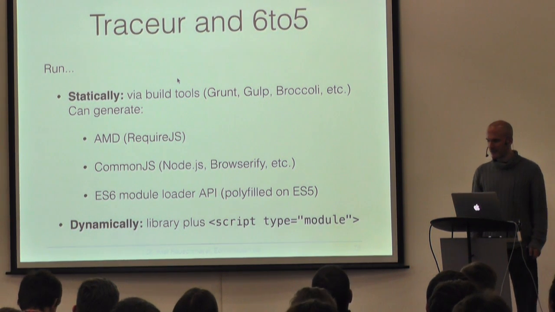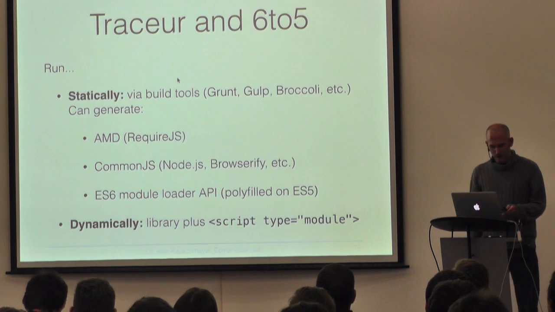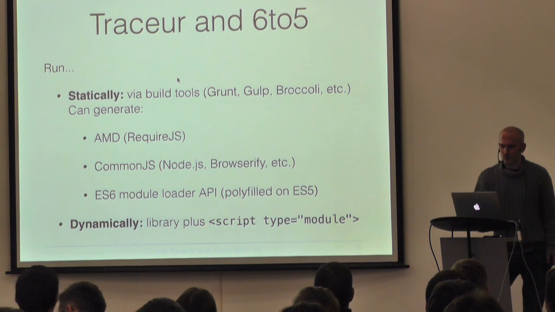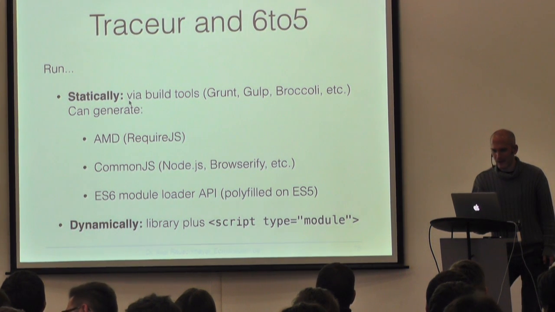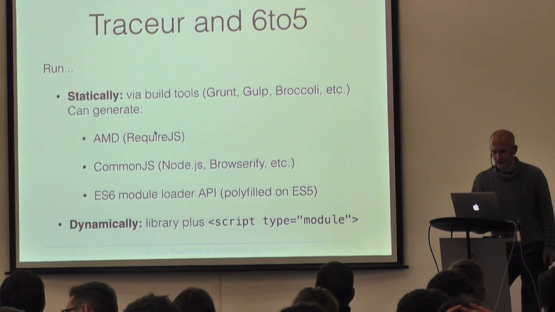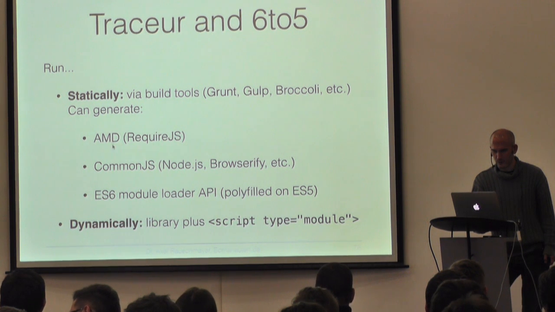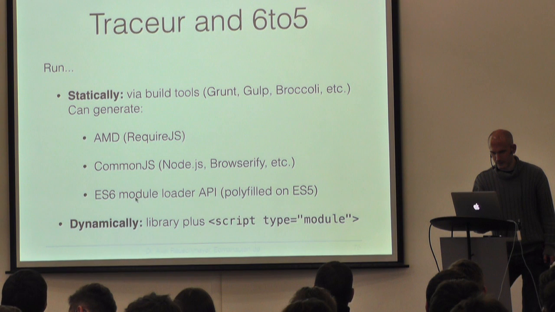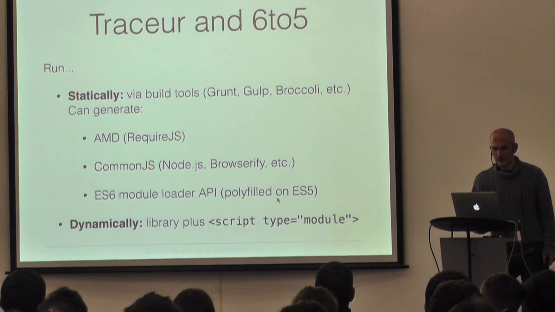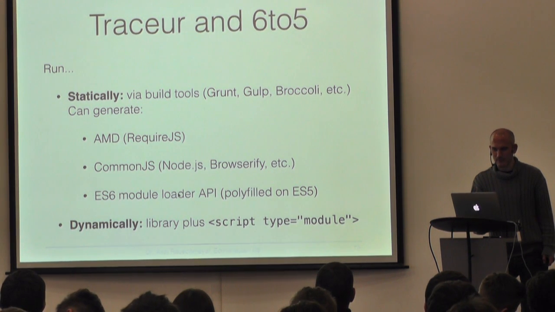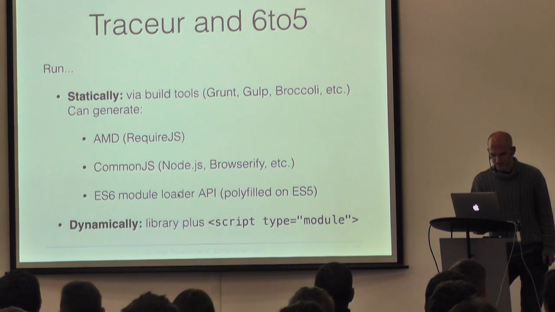So Traceur and 6to5 are ways to compile, and you can compile statically via build tools, and generate one of the existing module formats or a new format that has a custom module loader, an ECMAScript 6 API implemented on ECMAScript 5.